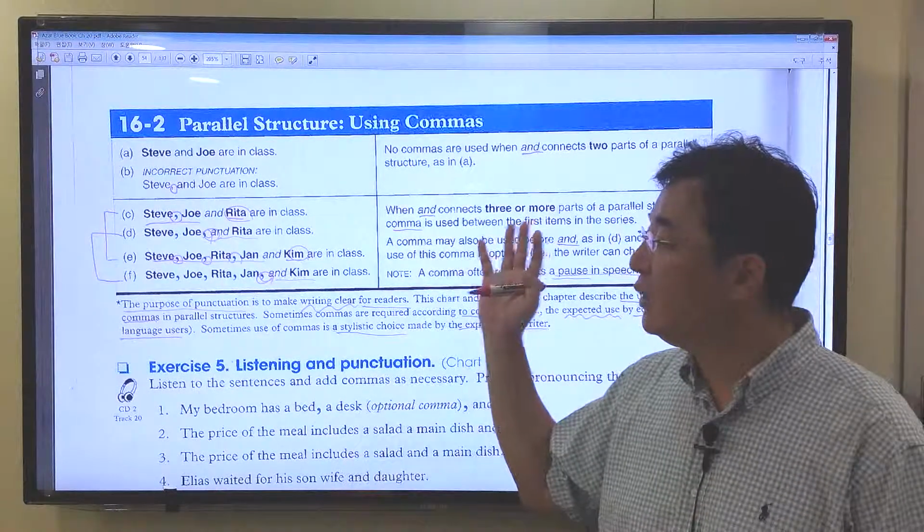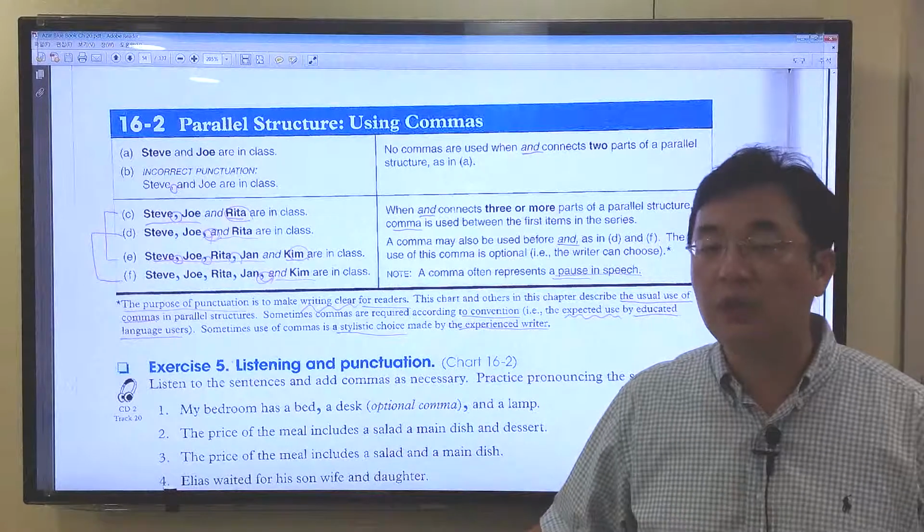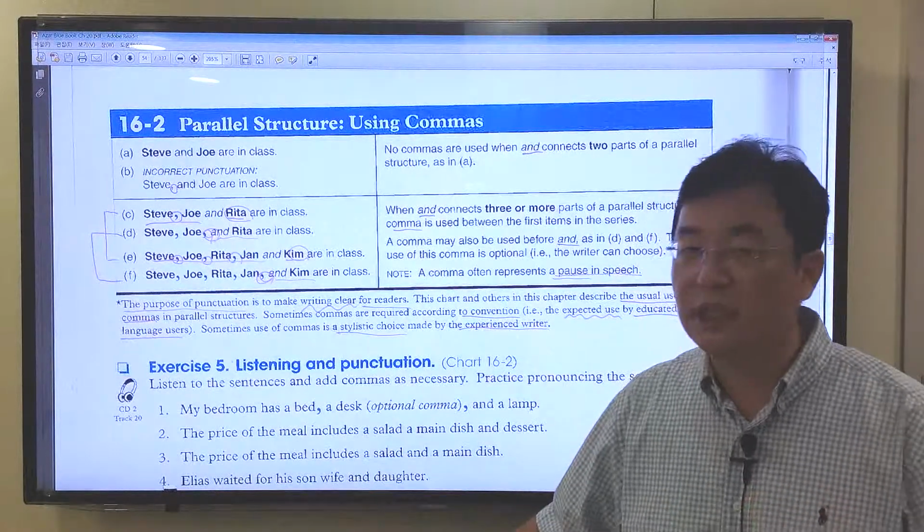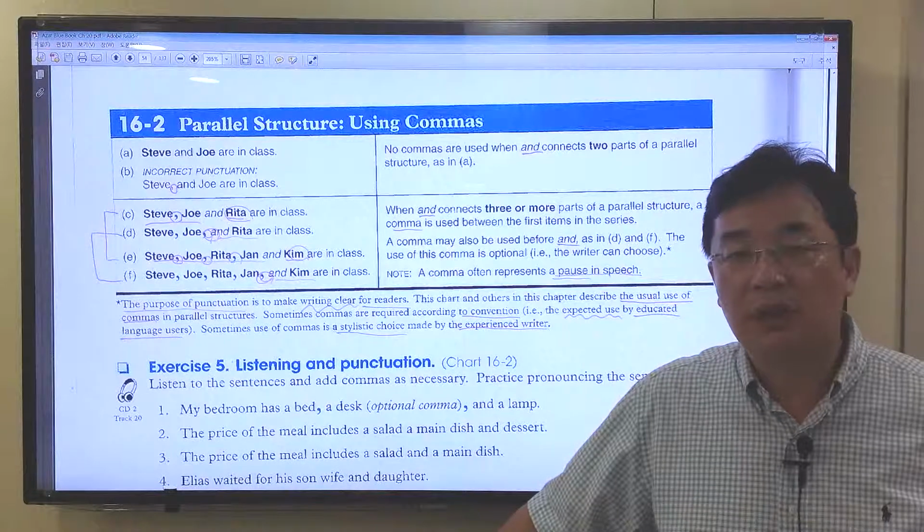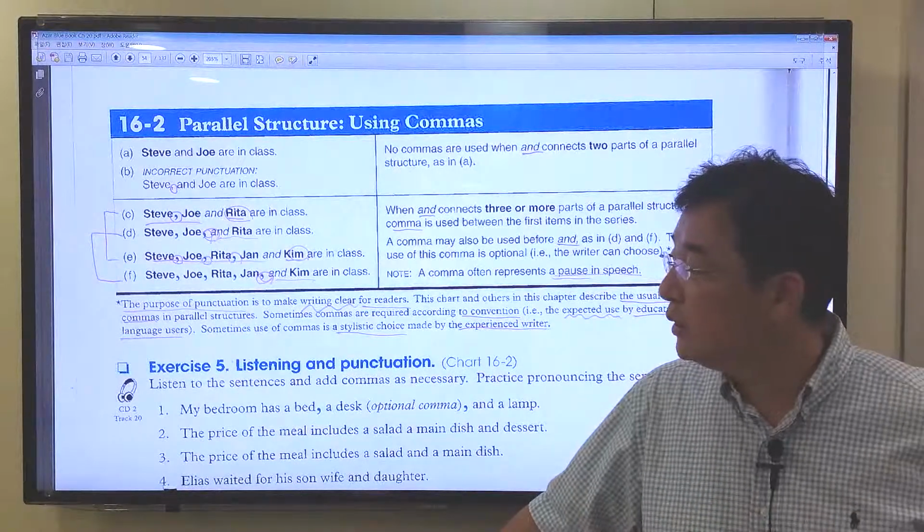So this is not the only rule, but this is the usual and common rule adopted by most English writers. That's one thing you need to know.